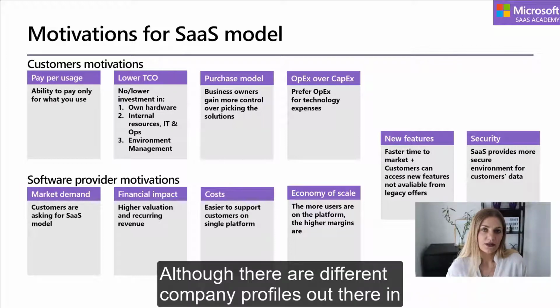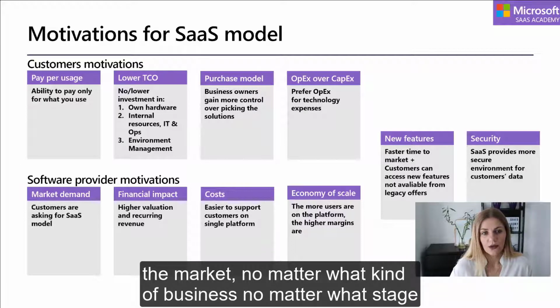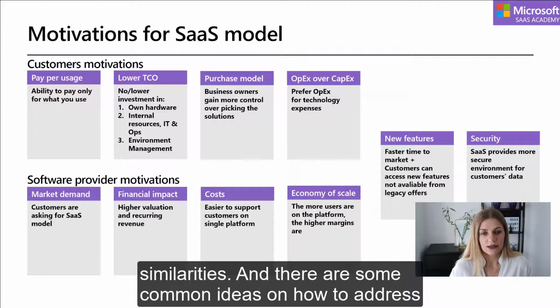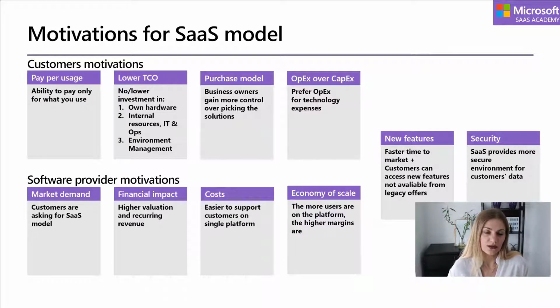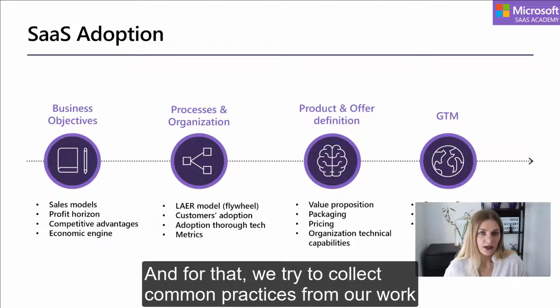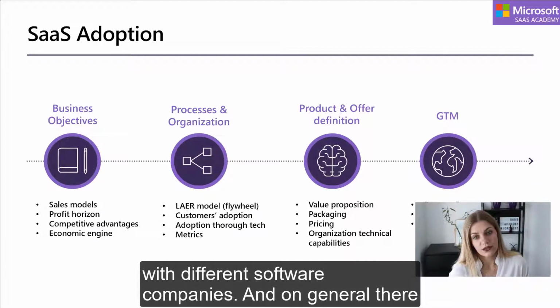Although there are different company profiles out there in the market, no matter what kind of SaaS, no matter what stage of SaaS adoption they are at, there are still similarities, and there are some common ideas on how to address the common challenges. For that, we try to collect common practices from our work with different software companies.